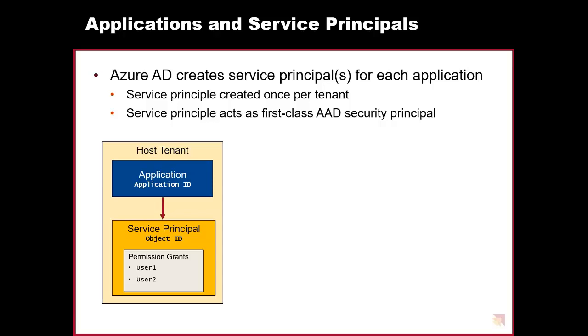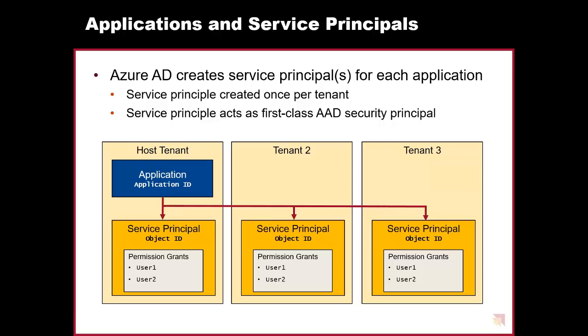So for instance, let's say that I have a multi-tenant app and then people from other tenants begin to use it. So what we need is a tenant-specific object, and that's what this thing called the service principal is. And the service principal does things like it remembers when users have consented to a permission. Okay, so differentiating between the application and the service principal gets to be important.